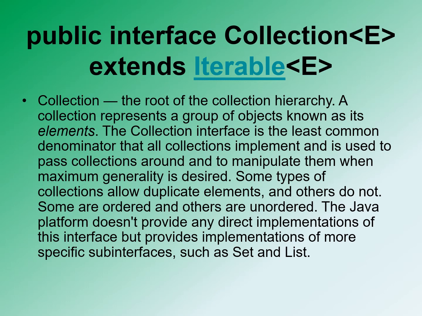Some types of collections allow duplicate elements and others do not. Some are ordered and others are unordered. The Java platform doesn't provide any direct implementations of this interface, but provides implementations of more specific sub-interfaces such as Set and List.